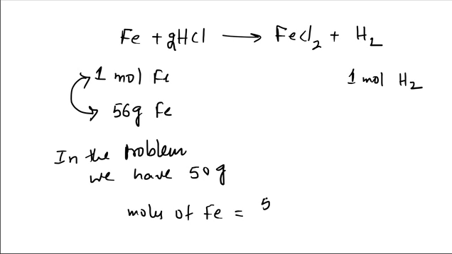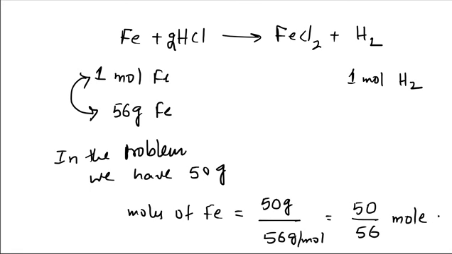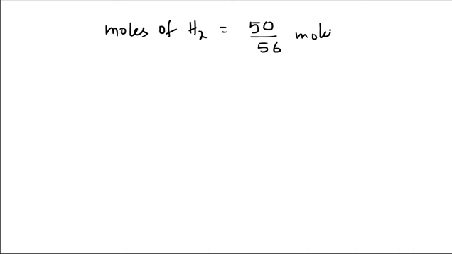That is 50 grams divided by 56 grams per mole. So that's going to be 50 divided by 56 moles. And look at the relationship between iron and hydrogen. That is 1 to 1. Therefore, we can say that moles of hydrogen gas is also 50 divided by 56 moles.